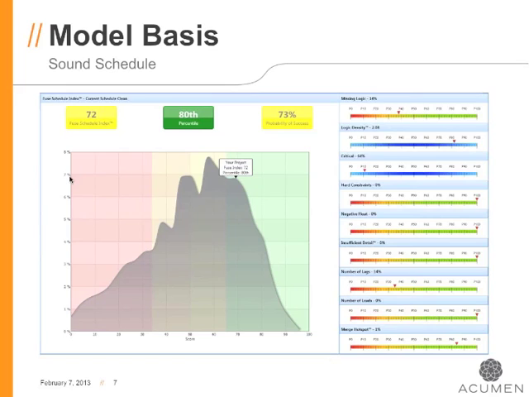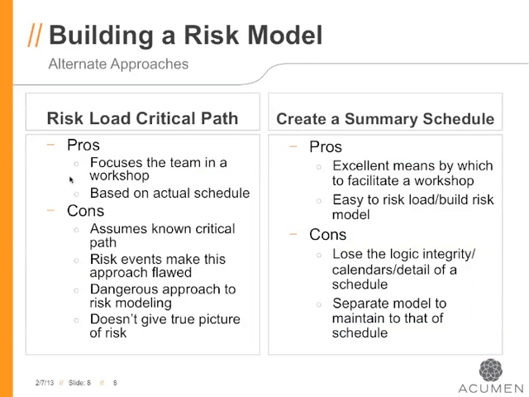We've done numerous presentations on the benefits of schedule diagnostics and schedule critique, so in the interest of time, I'm not going to elaborate any further on this topic of sound basis of schedule, other than to say it's incredibly important that you give focus to ensuring a sound schedule before you even move into building a risk model.